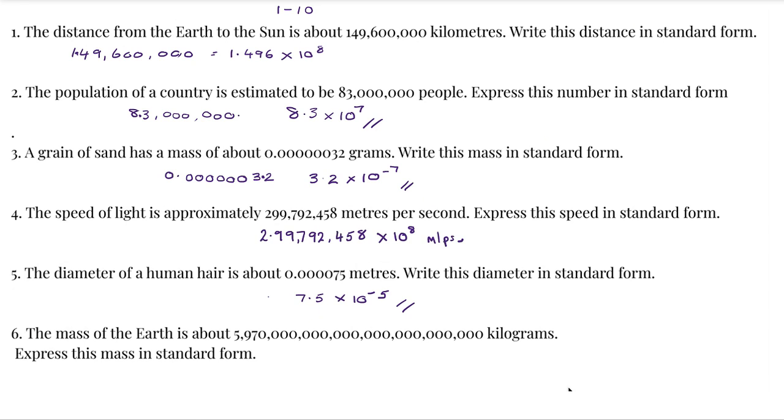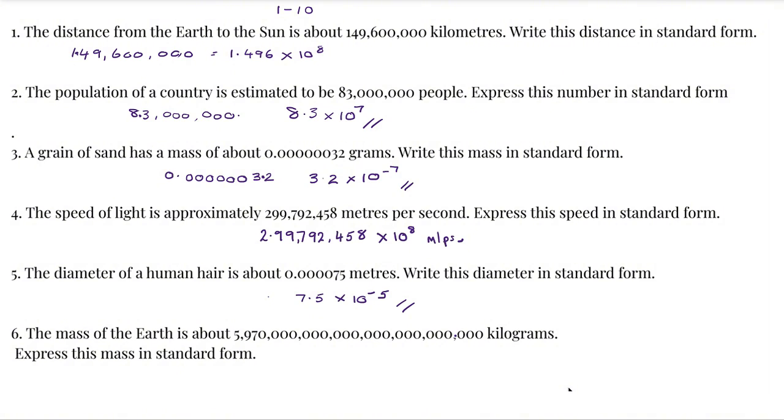And then finally, whoa, massive number. The mass of the Earth is 5,970 ridiculous kilograms. Express this mass in standard form. I won't be writing this one out, so let's find our decimal place.